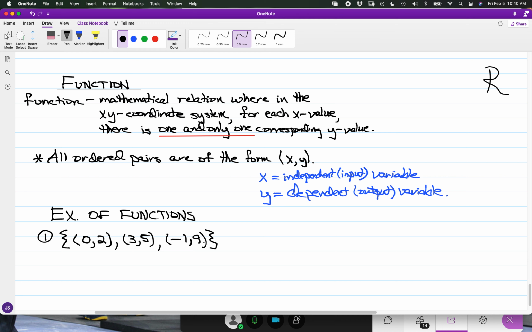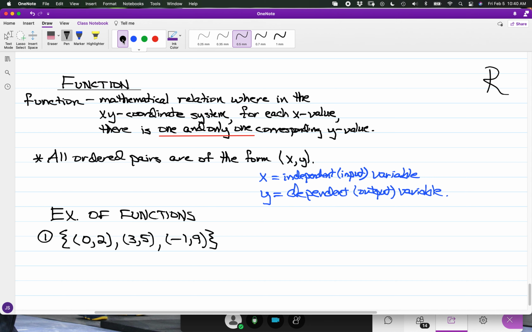And this is going to be a function. The reason is that for each x value, there's only one corresponding y value. The x value of 0 is paired up only with 2. The x value of 3 is paired up only with 5. And the x value -1 is paired up only with 9.